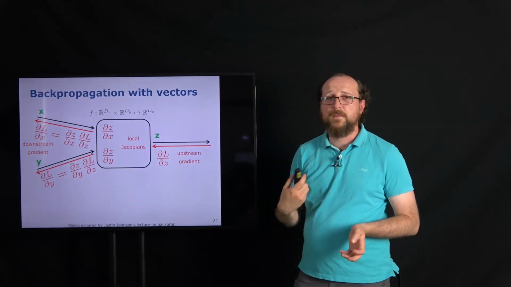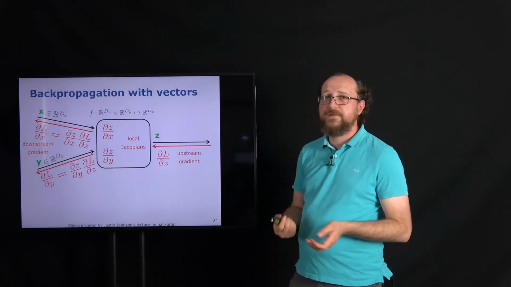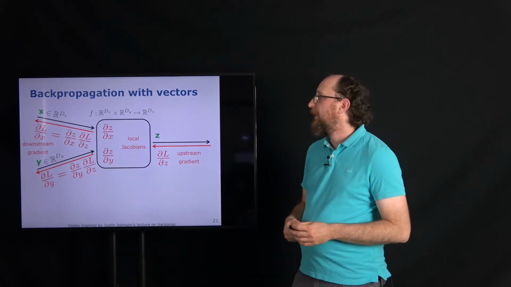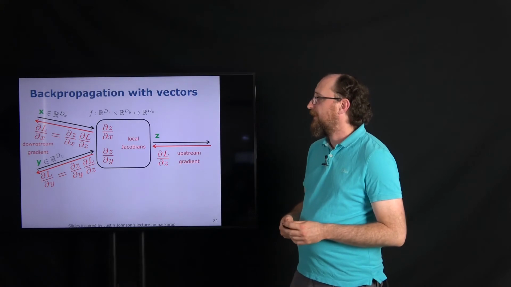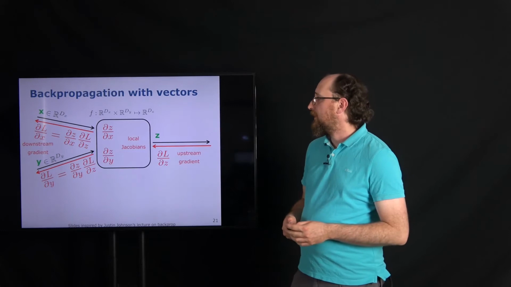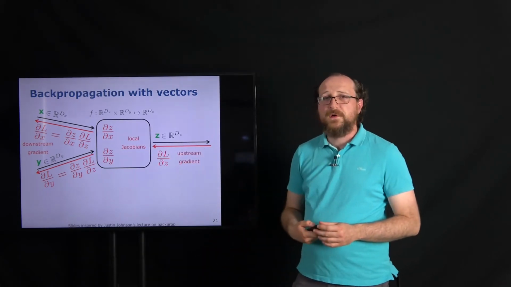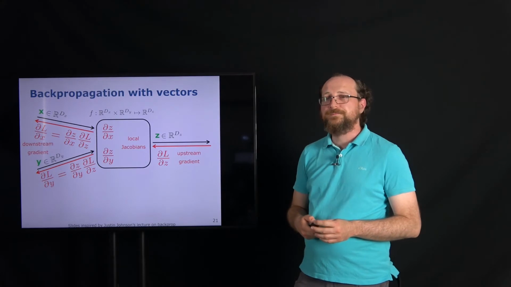We are now talking about the dimension of the vectors. The dimension of the x vector is dx, the dimension of the y vector is dy, and the output of the function is a vector of dimension dz.